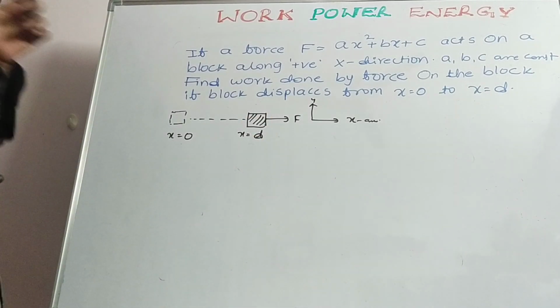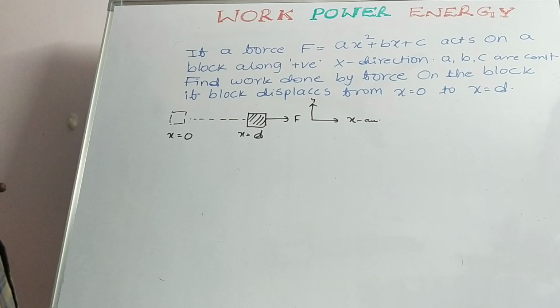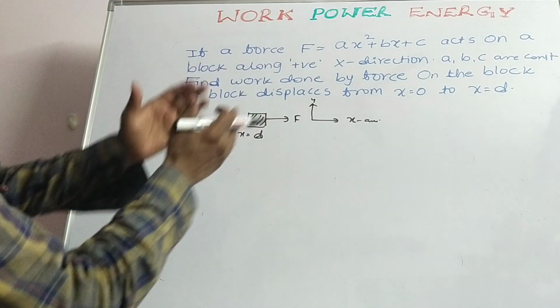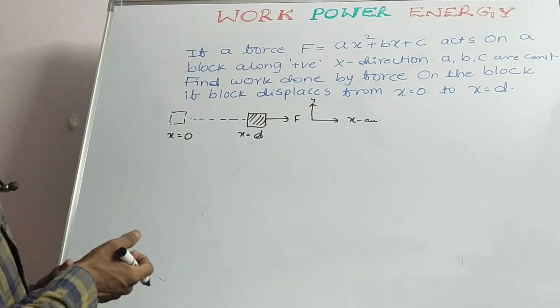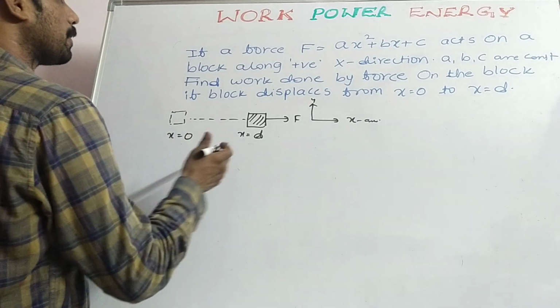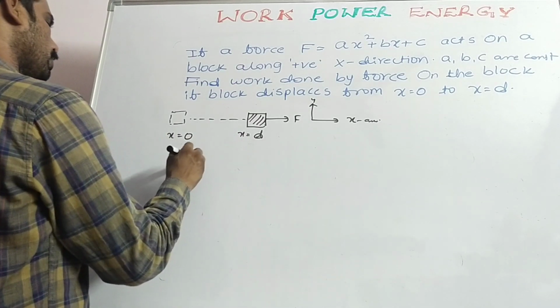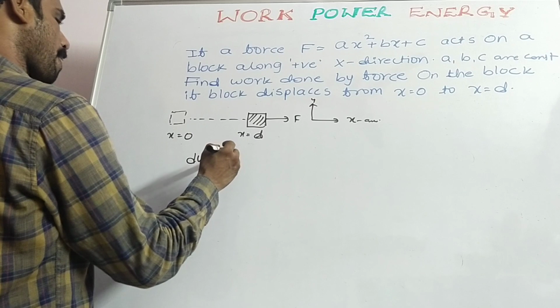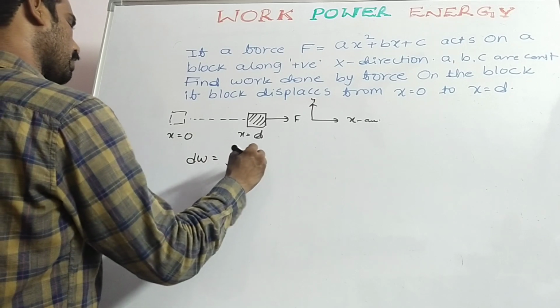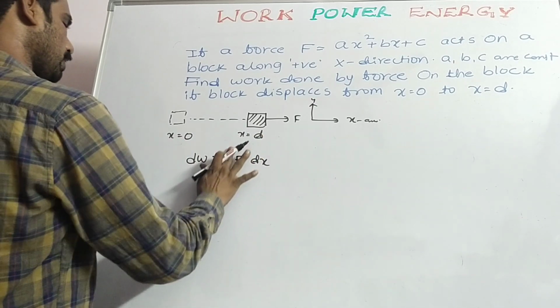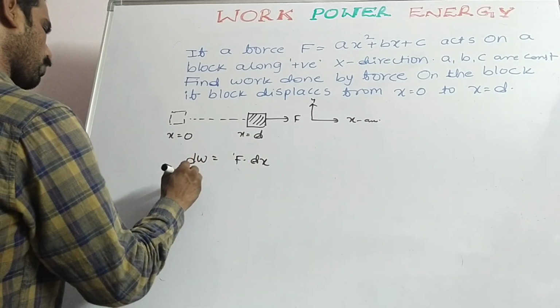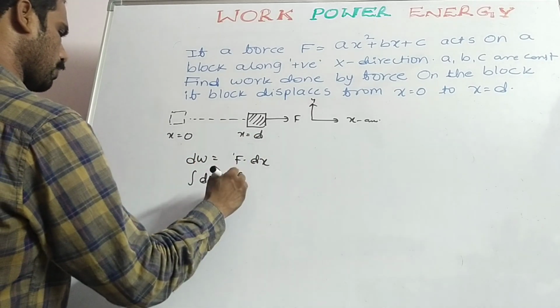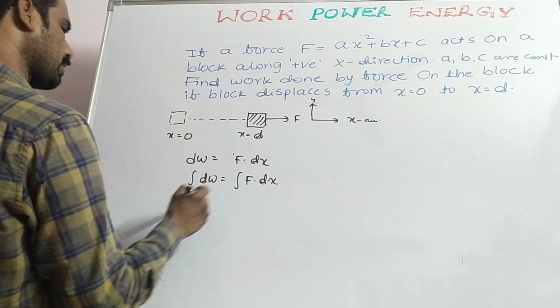Now, as we have force in terms of displacement, we can write integral dW. dW is equal to F into dx. For total work done, integral dW is equal to integral F into dx.